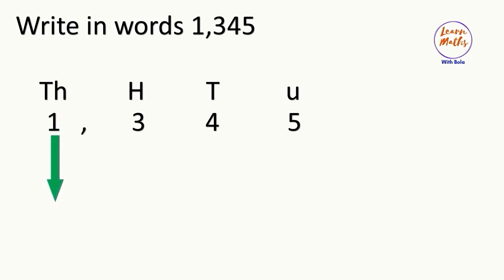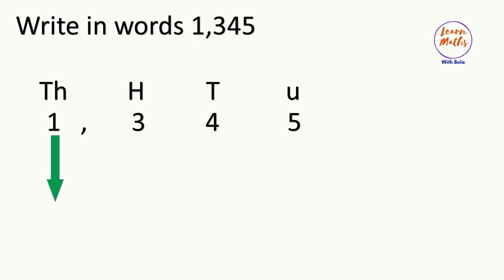Write in words 1345. Now the steps we follow are very simple. Just write out the numbers one by one. Then you put the place value of the numbers on each of them. After that, the next step, for this one where you have thousands, hundreds, tens and units.